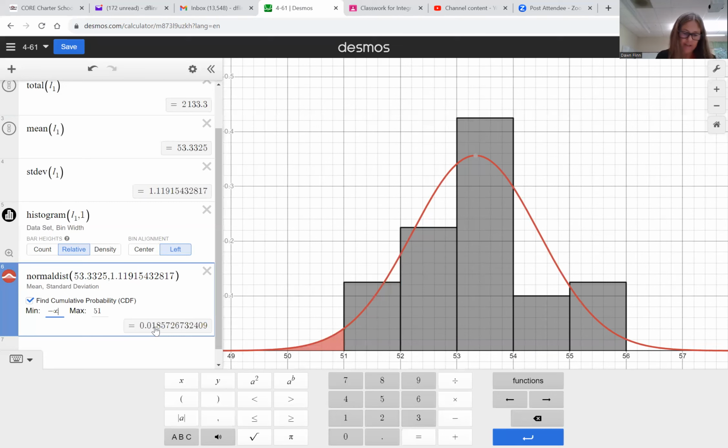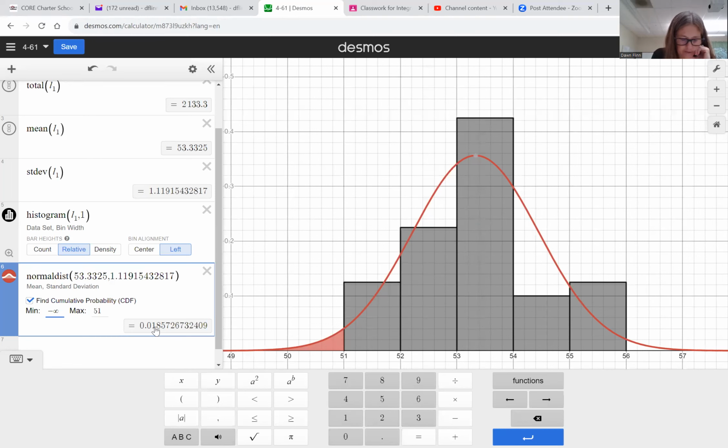And if I use that as a decimal and multiply 0.01857 times the 775 racers that we think are coming, I get about 14.39. So it's about 14 racers that are going to wear that size hat. So I might consider ordering about 14-ish of that size hat.